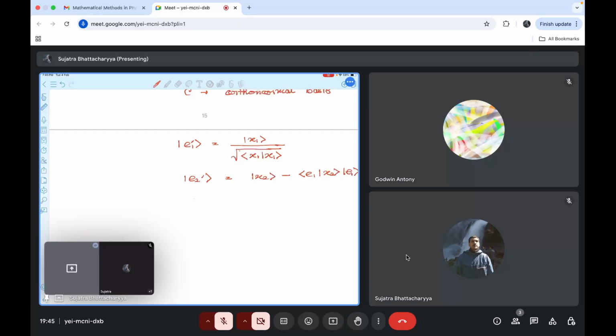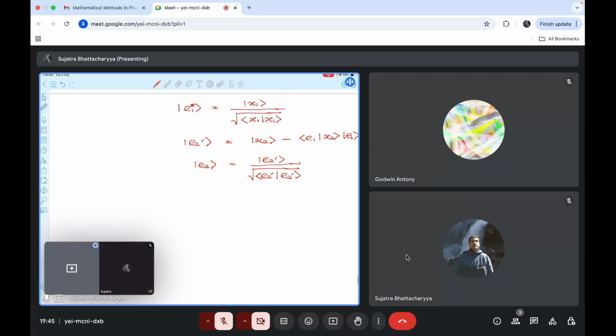So the vector E2, and this is E1, let it be. E2 will be this E2 dash, whatever you have found out, divided by the square root of the inner product of E2 dash with E2 dash. These are all steps which you have to follow. Similarly, E3 dash, first you have to find, that is x3.